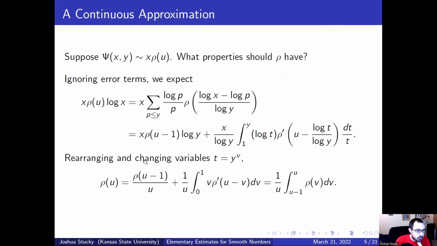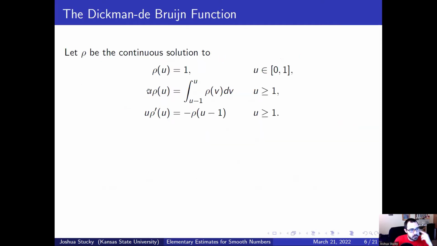So let's just define rho to be this function, the thing which satisfies this. I also have some initial conditions: if u is less than 1, which means that y is bigger than x, then rho should just be 1. I should just be getting all the smooth numbers up to x, or all the integers up to x.